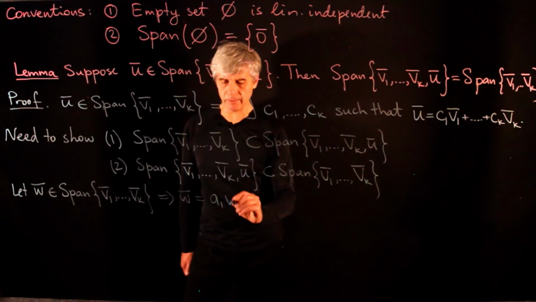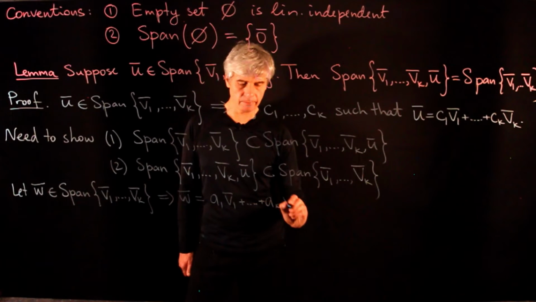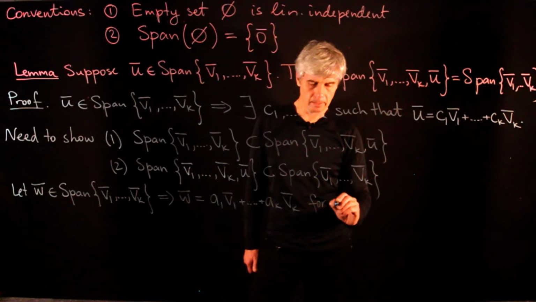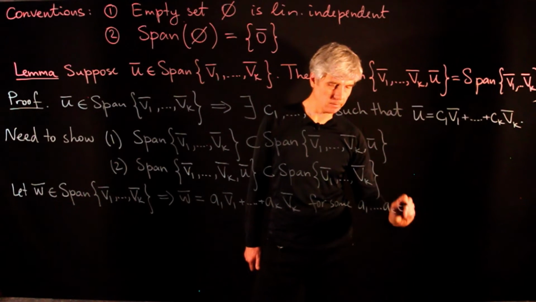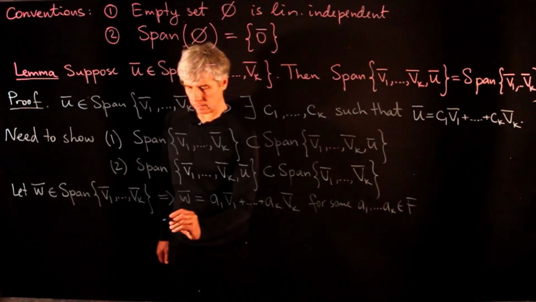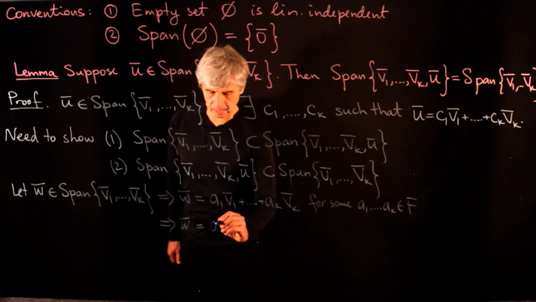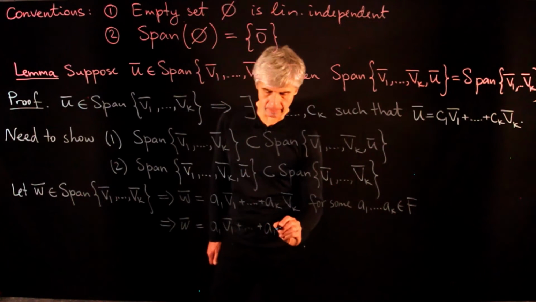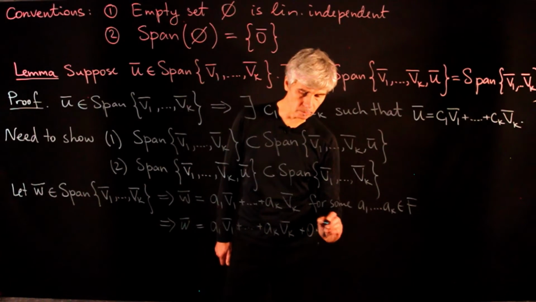So it's a1 v1 plus ak vk for some a1 through ak in F. But then we can also write w as a1 v1 plus ak vk plus 0 times u.